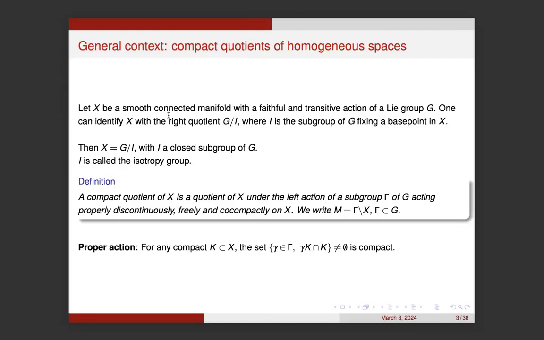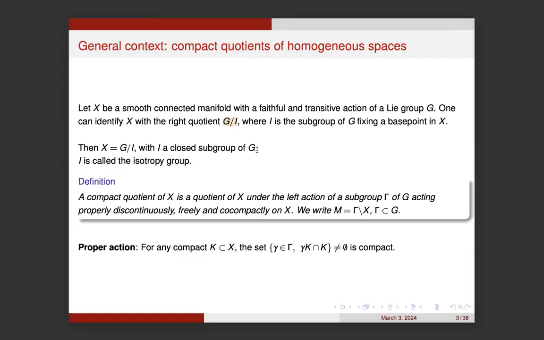A homogeneous space is a smooth connected manifold on which I have a transitive action of some Lie group J. Then I can identify X with the quotient of J by some subgroup which fixes some point of X. So X is identified with the right quotient J mod I, where I is a subgroup of J fixing a base point in X. This group I, we call the isotropy group.